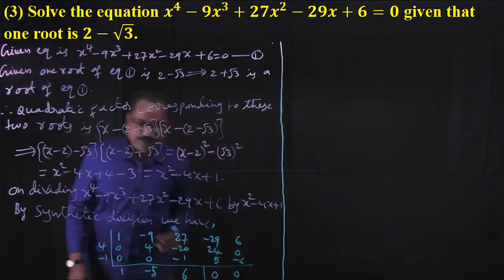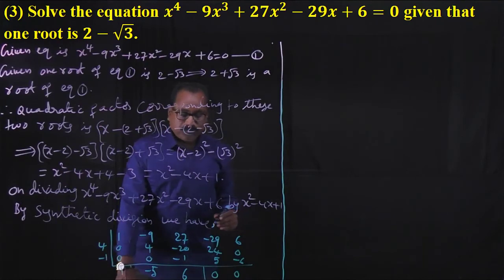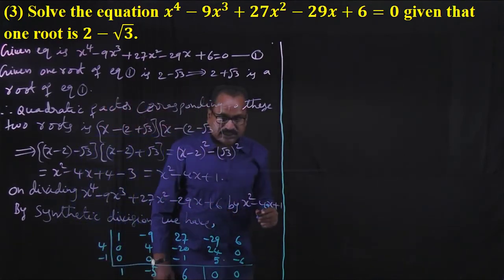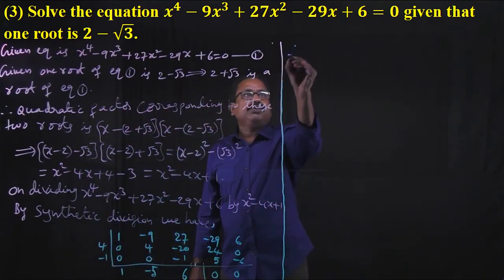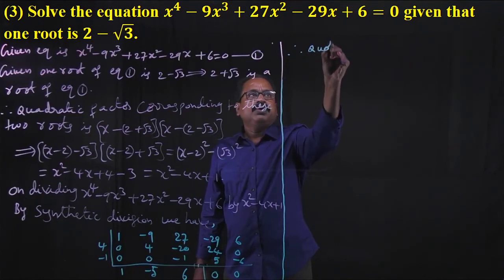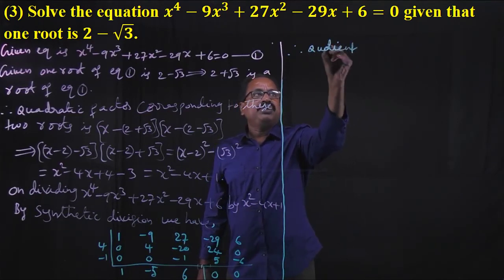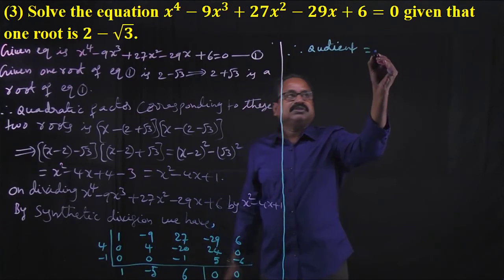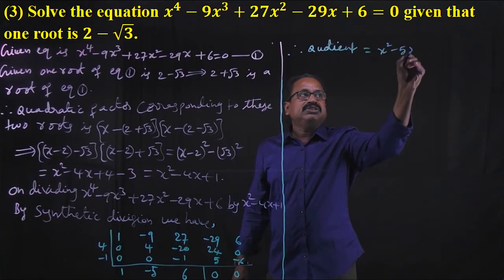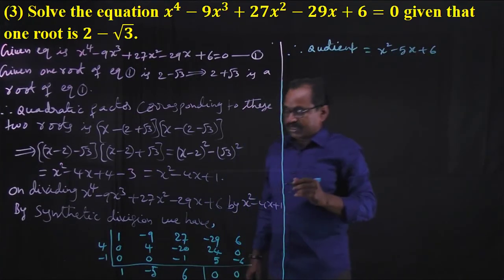So, therefore quotient is equal to x square minus 5x plus 6.